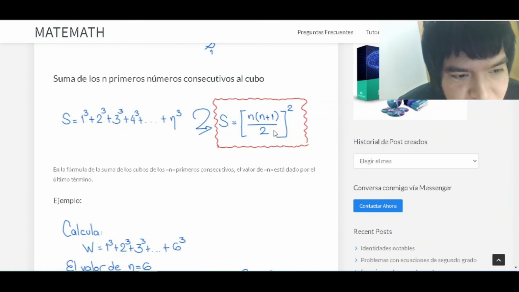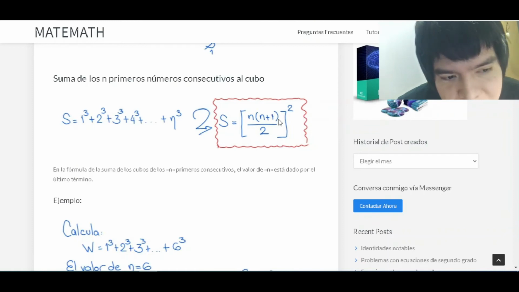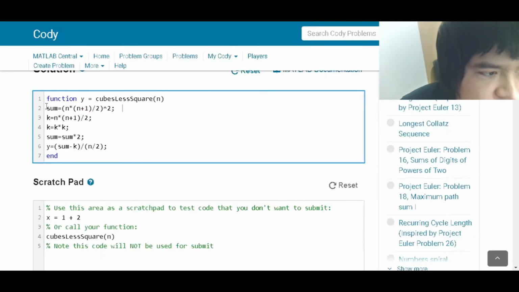So from 1 to n, we can use the formula. We're gonna use this instead of the most used way, that is just a for loop. So as we can see, we just change the way we approach this and just use a direct formula, and now it should be easier. Let's see how this works.